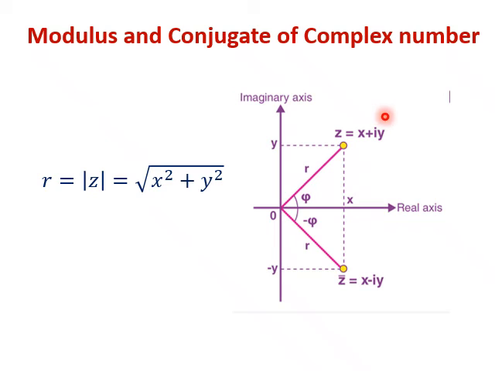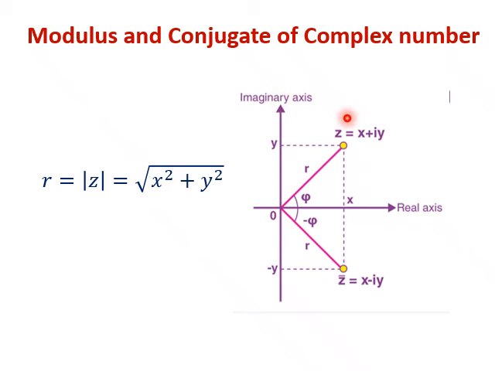Let us understand what is modulus and conjugate of a complex number. Here, the x-axis is the real axis, which contains the real part of the complex number, and this is the imaginary axis.